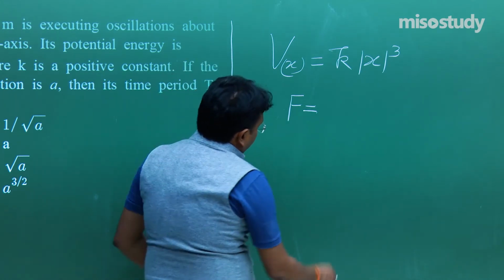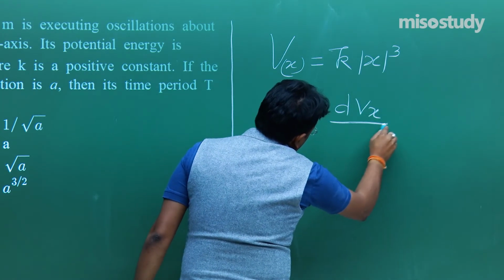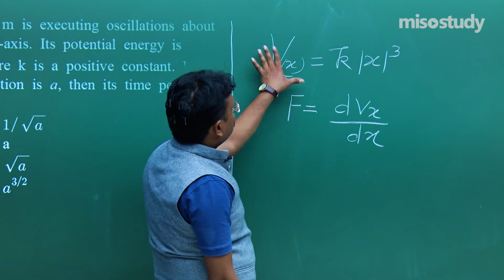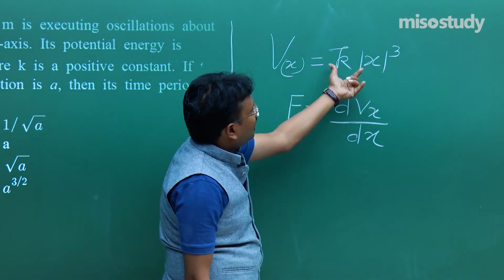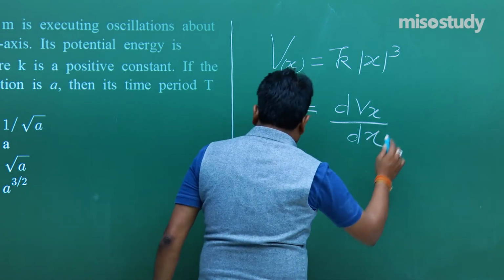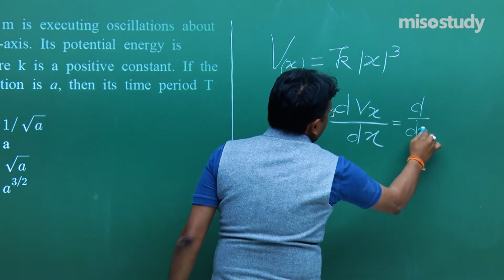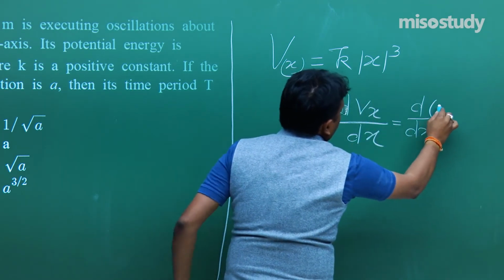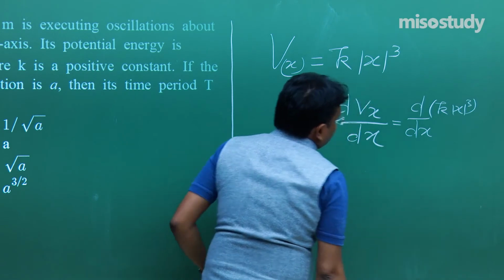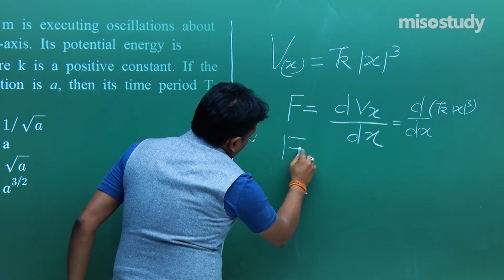So F is equal to minus dV(x) by dx. So use this V(x), that is k mod x cube, d by dx. I think I should put this value, that is d by dx of this entire term k mod of x cube. No problem, simple representation.